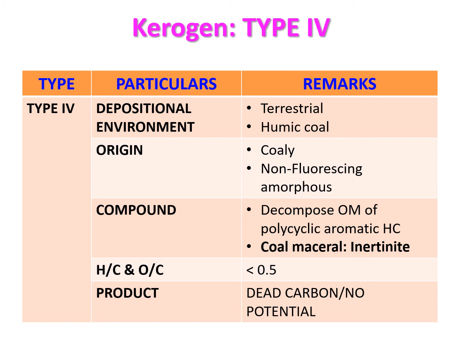So if the coal has high kerogen type 4, it means it is high in inertinitic material. If you observe the source rock under the microscope, you may find that the organic matter is non-fluorescing organic matter.